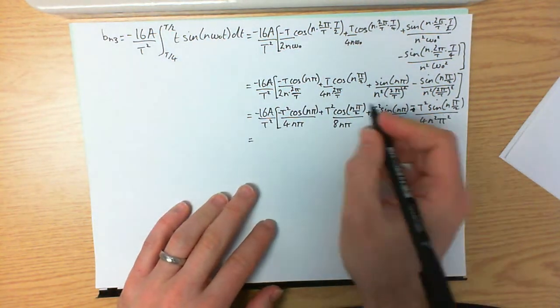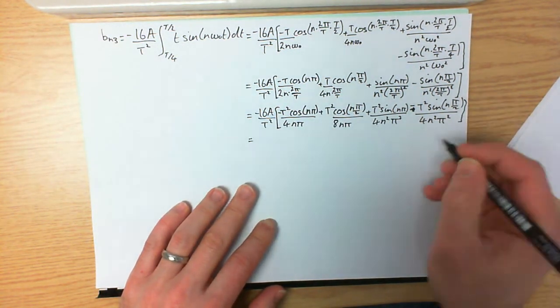And so what we can do is we can multiply all this out, so we've got all the individual terms.